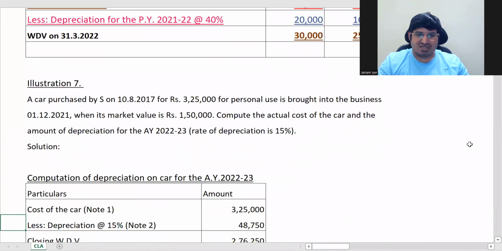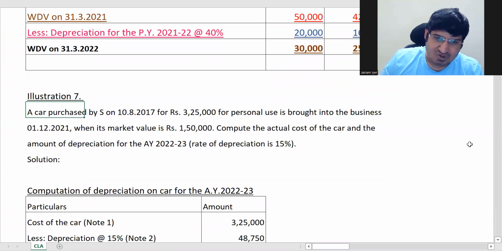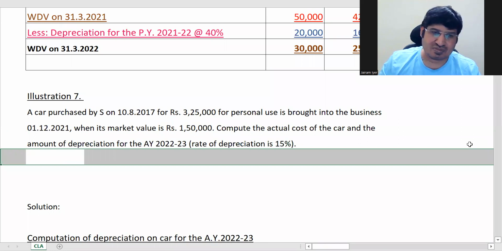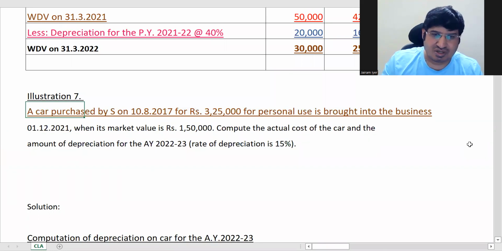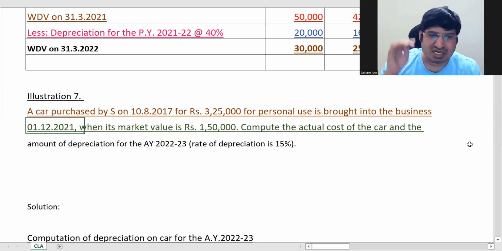Now this is the third problem. इसमें है, car purchased by S on 10/8/2017 for 3,25,000 for personal use is brought into business on 1/12/2021 in our previous year, when the market value is 1,50,000.